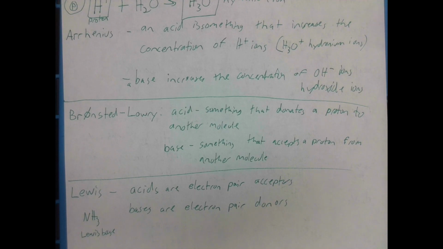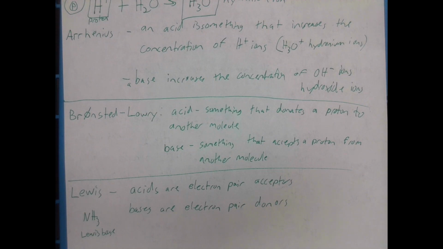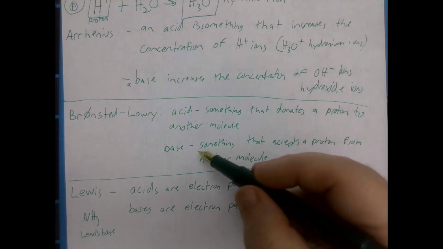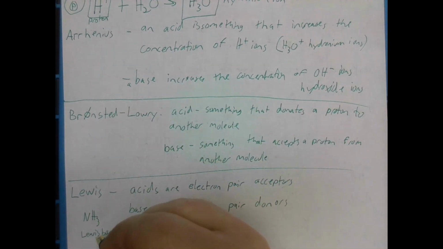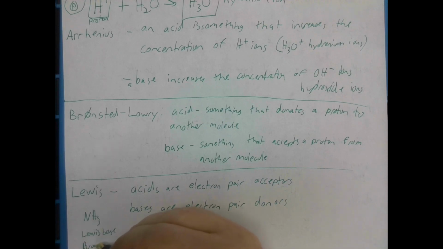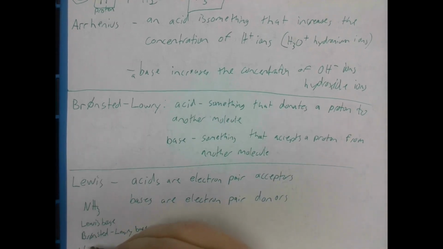It's also a proton acceptor, so it makes the definition of a Bronsted-Lowry base too. So NH3 would be a Lewis base, a Bronsted-Lowry base, but not an Arrhenius base.